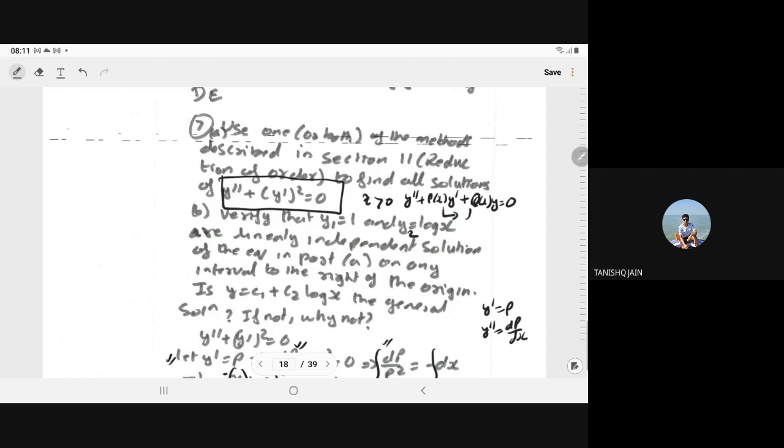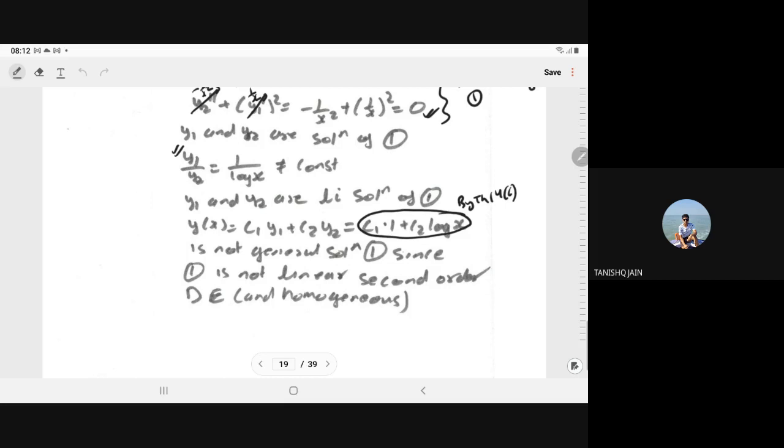The main thing is that it is linear. Theorem 15 is suitable only for linear second order differential equations, and this equation is non-linear. So theorem 15 is true for linear second order differential equations. So here I have concluded that y(x) is not a general solution of the first, since the first is not a linear second order homogeneous differential equation.